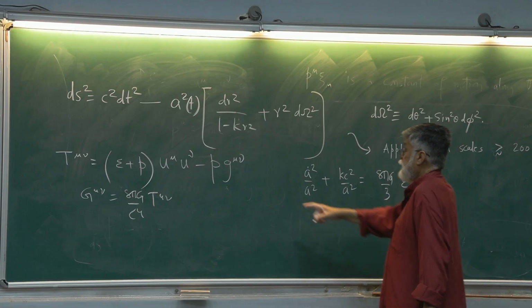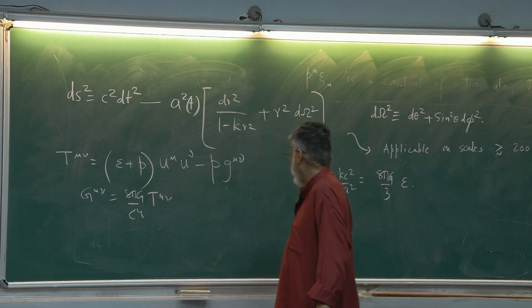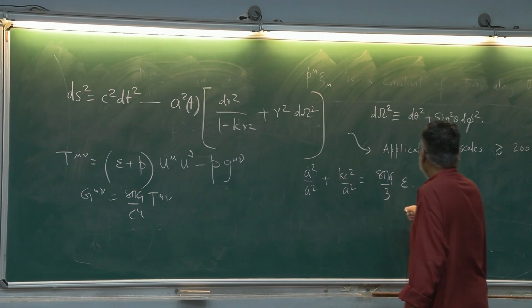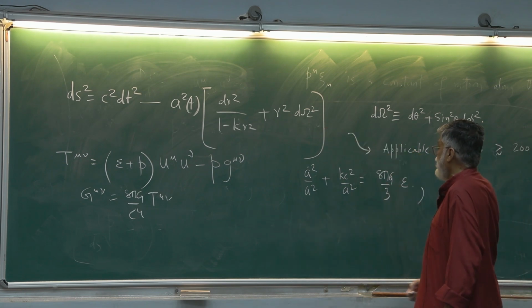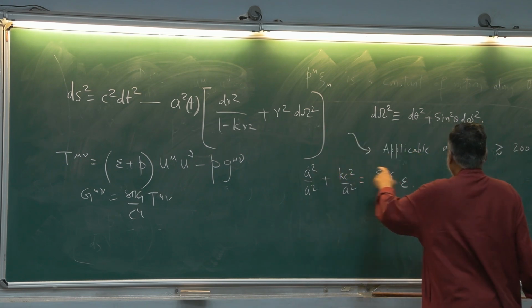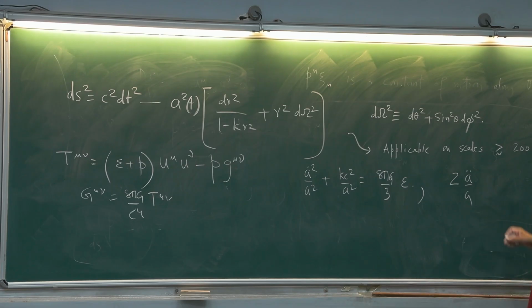One involves the energy density, and the other equation is twice the second time derivative of the scale factor. A of t is called the scale factor, dot is a single derivative, double dot is the second derivative, where P is the pressure.